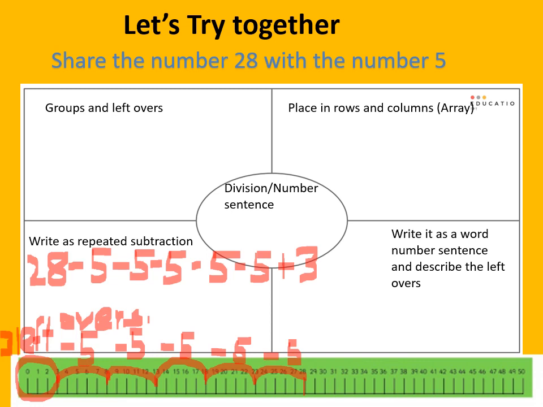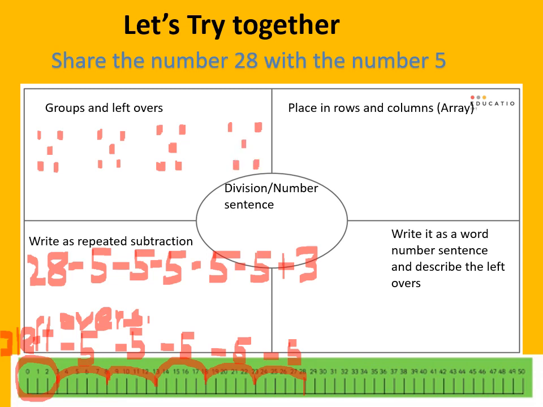Okay, now we can continue on our think board and we can place on our groups and our leftovers. Okay, so we can use our 5 pattern like we would on a dice, using our dots. It's easy to see when we place it on using our 5 pattern.